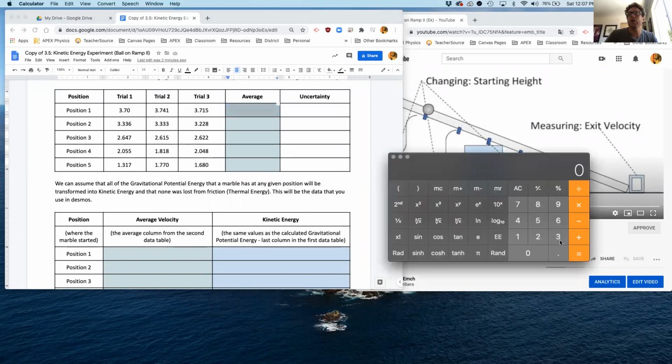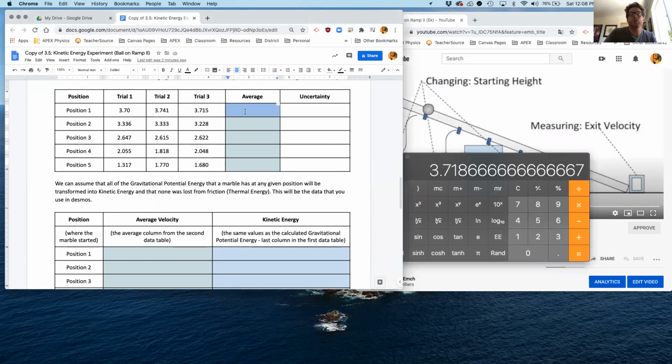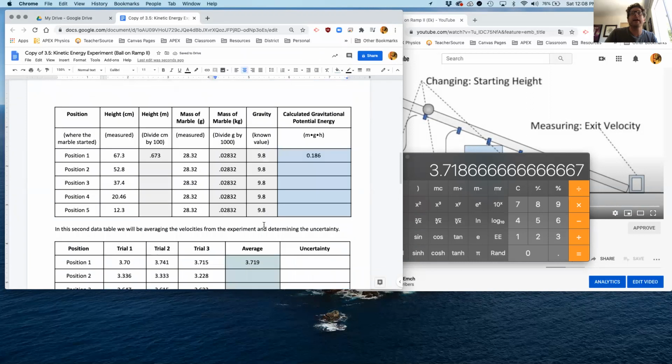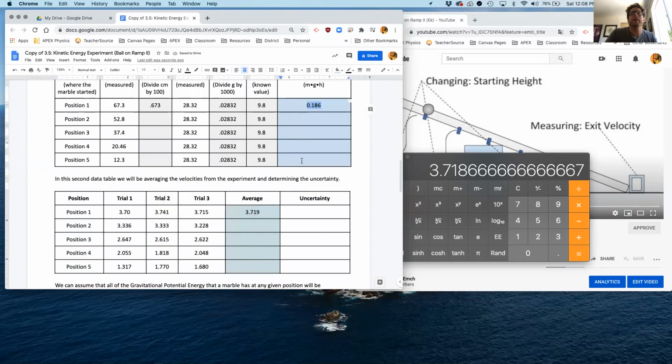So if I have 3.70 plus 3.741 plus 3.715, divided by 3, bam, 3.719. This number right here is what's going right here. So the green column goes with the green column. And the kinetic energy, what I got right here, goes right here.